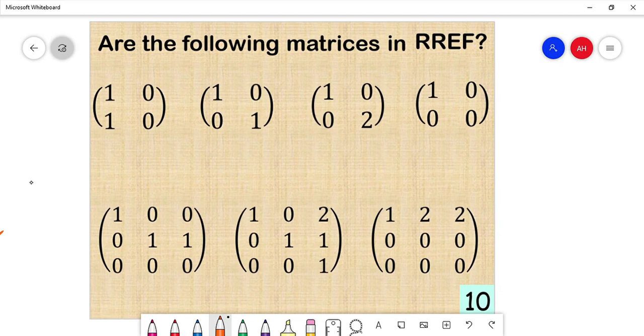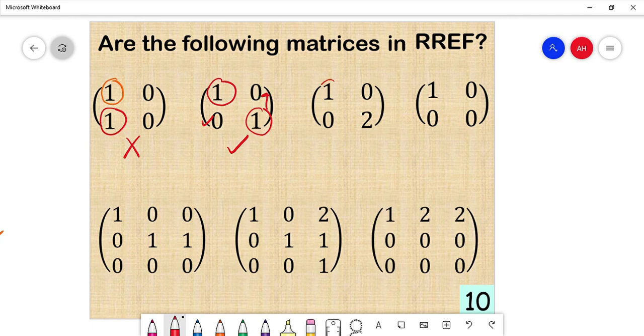Now for the first matrix, this is the leading one for row number 1, but below it, this number is not 0, so therefore this is not RREF yet. The leading one for this matrix is 1, and below it is 0. The leading one for row number 2 is this number 1, and above it 0, so this one is okay, good.